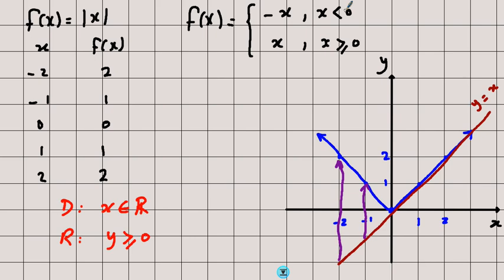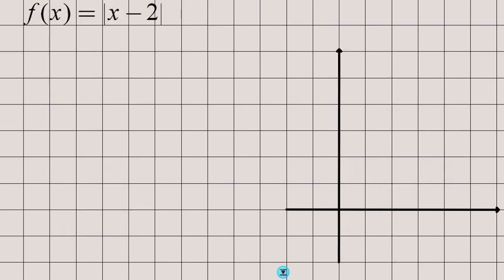Let's consider another example. F of x is equal to the absolute value of x minus 2. Let me just do this first. Okay. We can start by sketching the line y equals x minus 2.